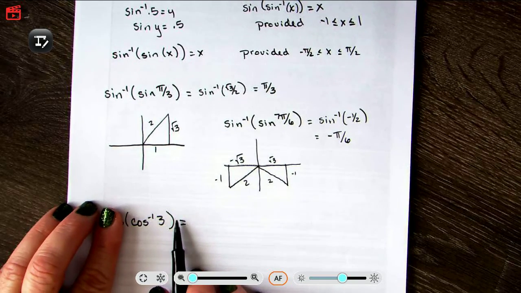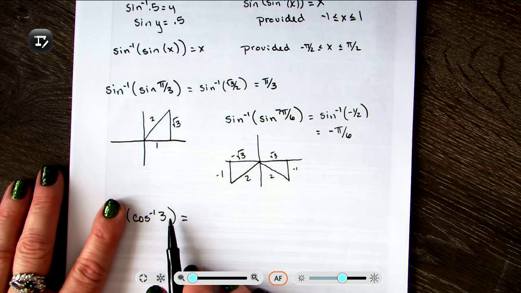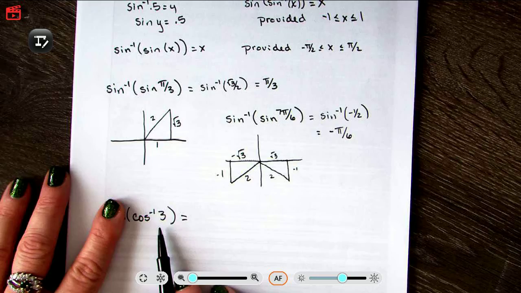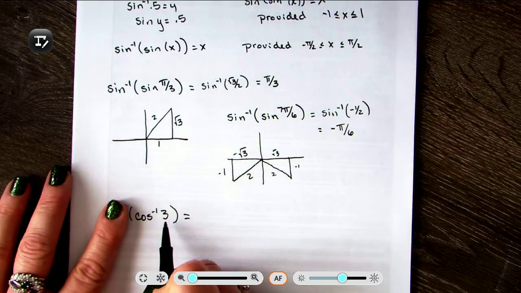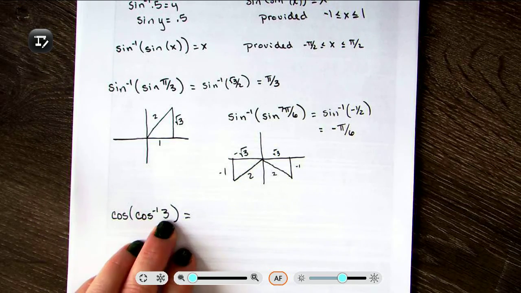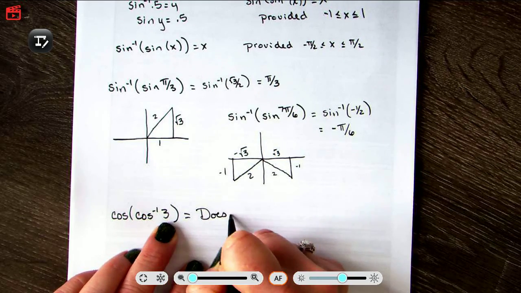The inverse cosine would be asking ourselves, what angle do we get a cosine equal to 3? Well, that does not happen because the cosine always gives us values between -1 and 1. So the domain of the inverse cosine is -1 to 1. This is outside that domain, so this one does not exist.